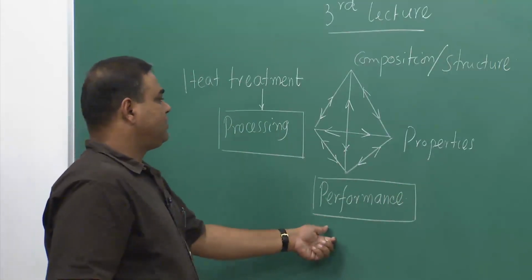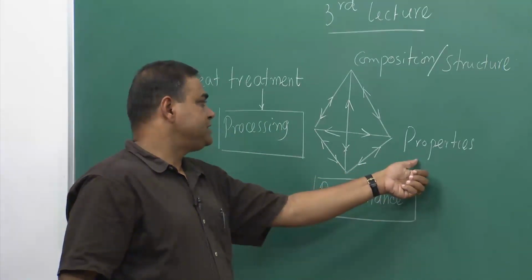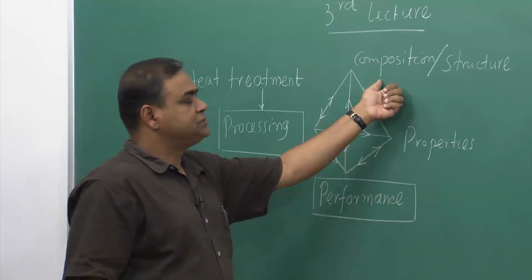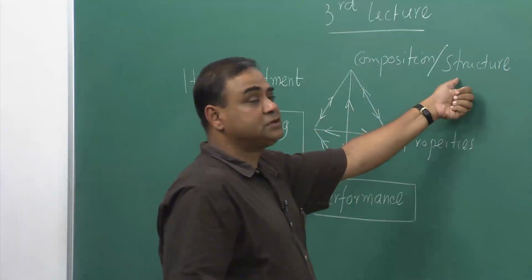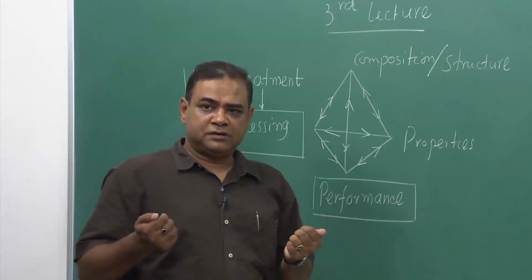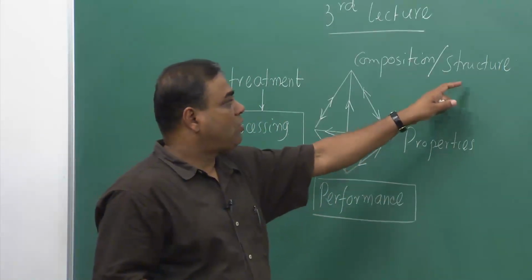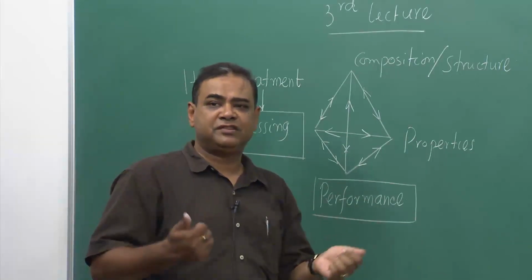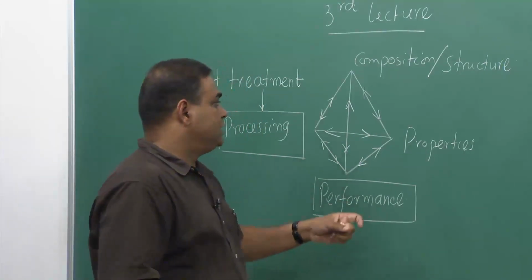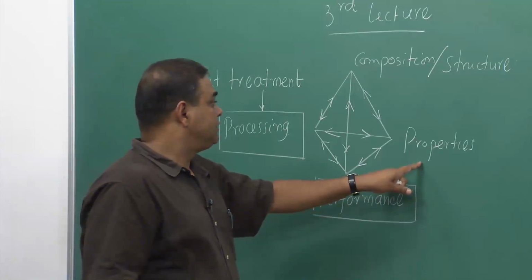In order to get performance, we need to look at properties, and in order to get properties, we need to look at composition, we need to look at structure, which could be microstructure, crystal structure, or we would see that even macrostructure becomes effective in controlling the properties.